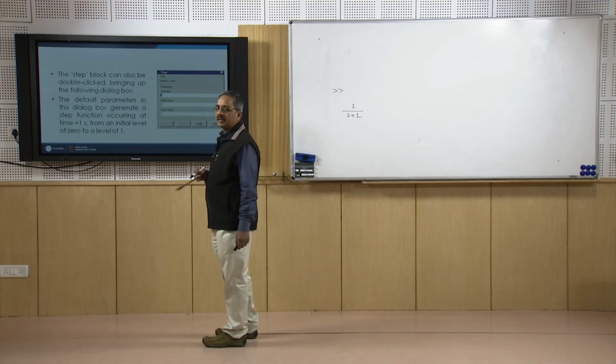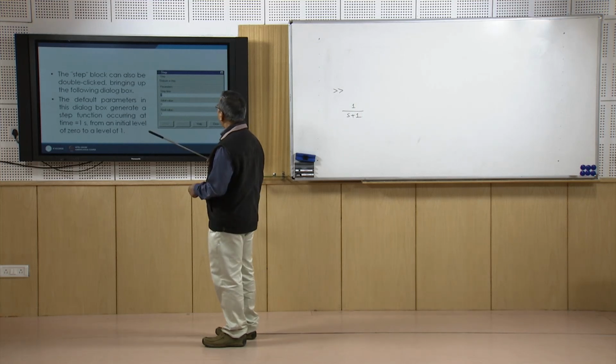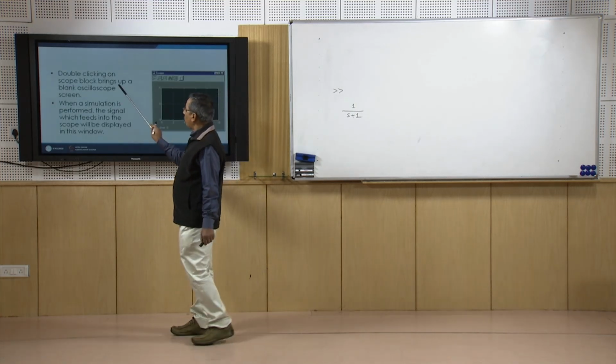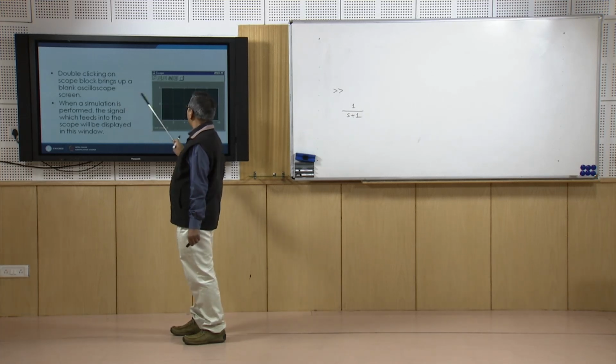In the previous slides we set up the transfer function block. Then if we double click on the scope block, it will bring up a blank oscilloscope screen.